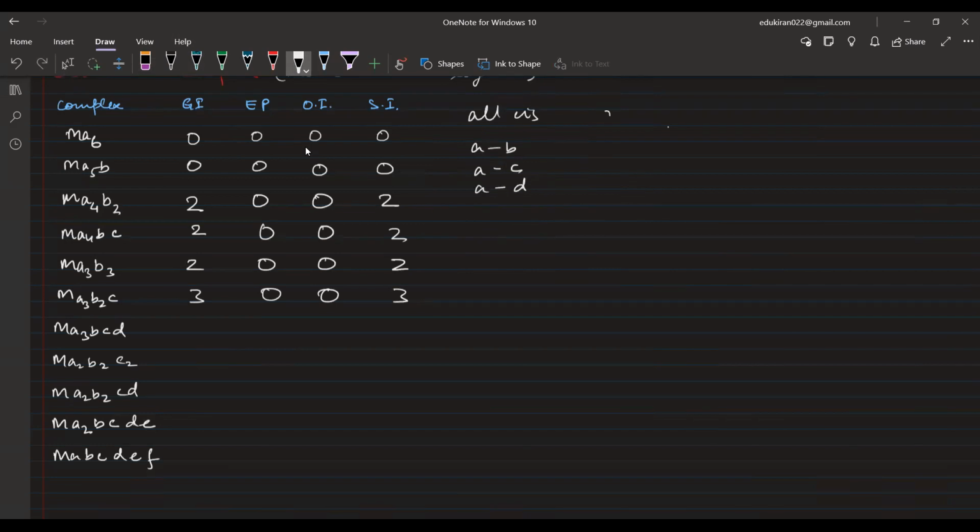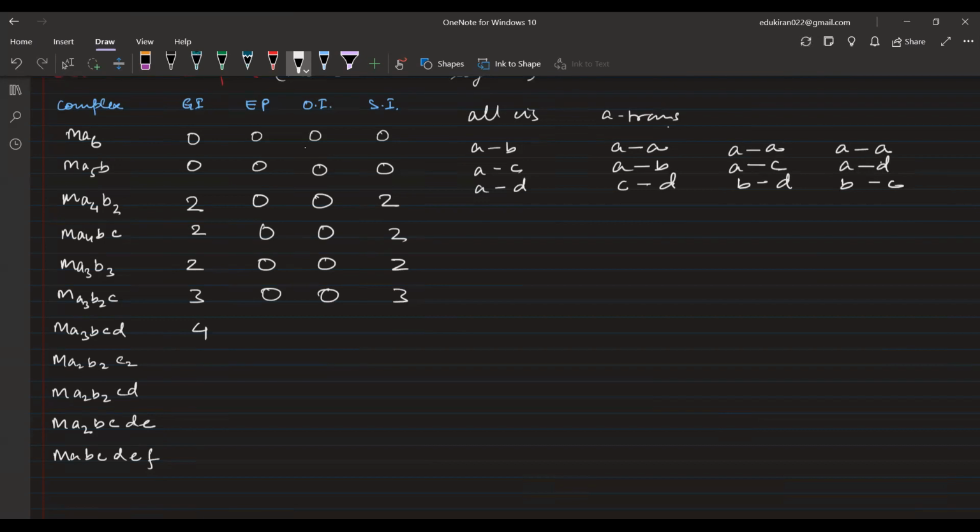Then you can have A trans. In A trans, you will have AA, AB, and CD. Now there can be another A trans in which you have AA, but you are having AC and BD. You can have another A trans in which you are going to have AA, AD, and BC. So you're going to get 4 different structures in geometrical isomers.